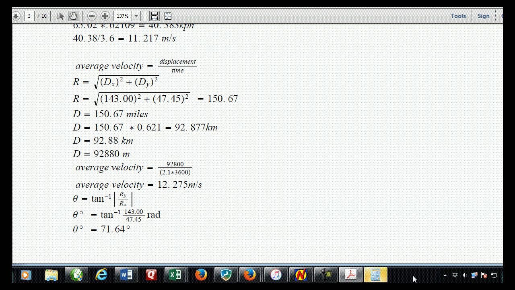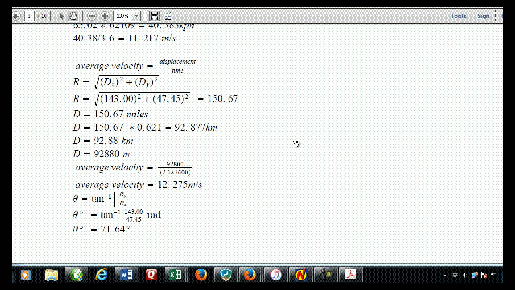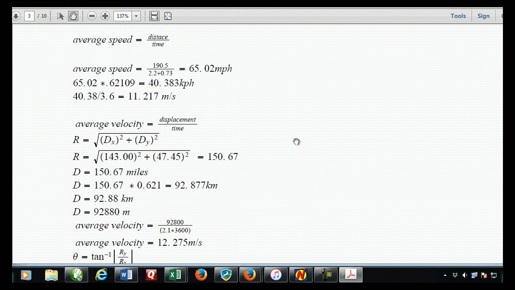For the sake of time, I'm curious. So I'm going to take 92800 divided by open parentheses 2.7 times 3600, close it, equals 8.8. I don't think it should have changed it that much.